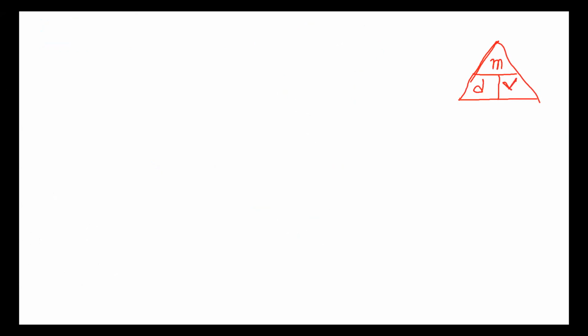From here you can easily understand that density is at the bottom left, mass is up, volume is down. So density is equal to mass by volume, because mass is in the numerator, this is the division sign, and volume is in the denominator.